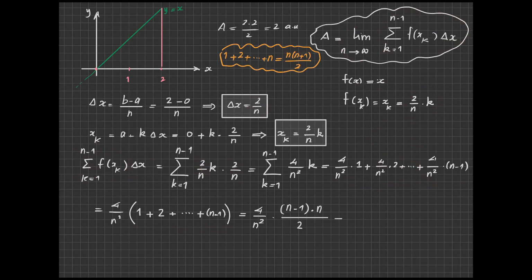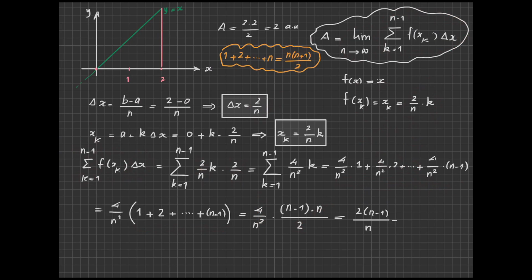And then what happens here now? One of these n's and one of these n's are cancelled. And these 2 and that 4 are simplified. So what is left for me? I am left with 2 times n minus 1, and what is left in the denominator is just simply n. Do you agree?